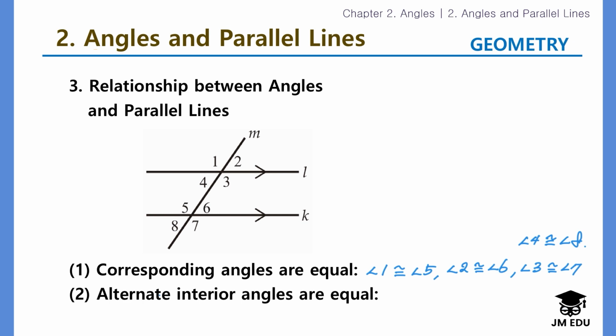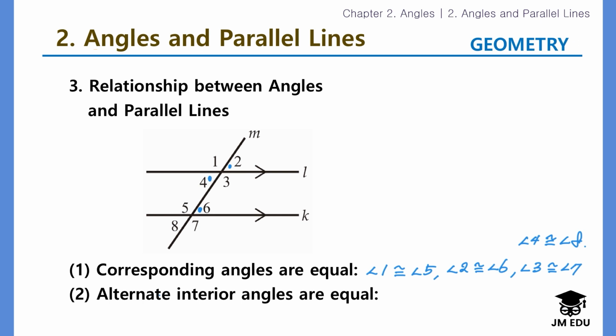Number two, alternate interior angles are also equal to each other. Okay, I'm going to show you why. Here, angle number 2 and angle number 6, they are corresponding angles, right? So they are congruent, equal to each other, right? And angle number 2 and angle number 4 are also congruent because they are vertical angles, right?